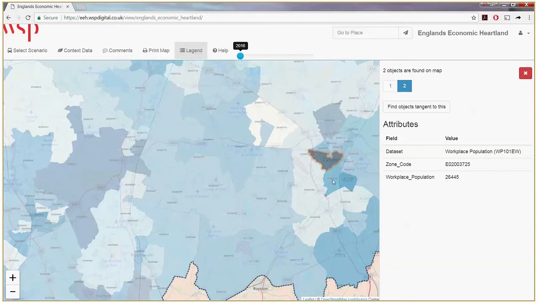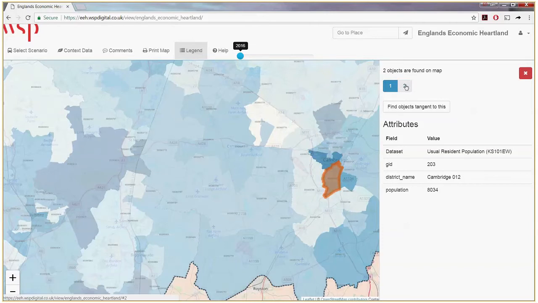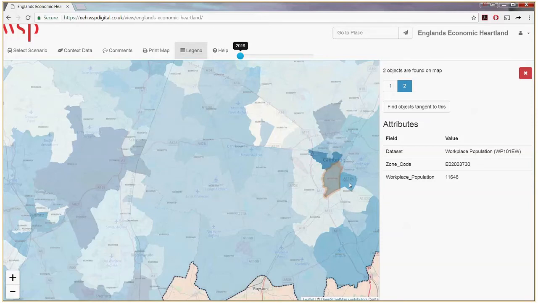Down in Trumpington here, to the south, 8,000 residents, nearly 12,000 workers, and here where the main hospital is, 9,000 residents, 15,000 workers. So there has to be a fair degree of commuting going on for those people to be able to get to where they want to go.